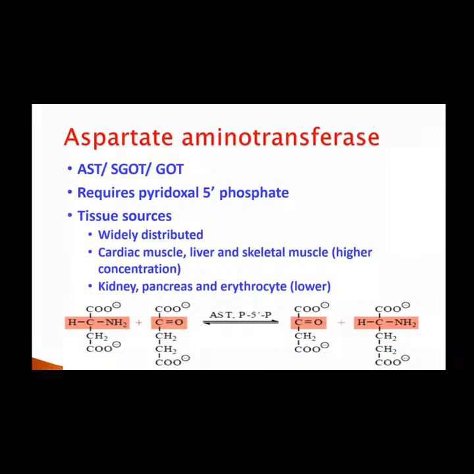So when these organs, liver, muscle, kidney, and pancreas, are damaged, the level of aspartate transaminase will be increased, right? So it is a good indication of liver damage and kidney damage. Okay, next slide.